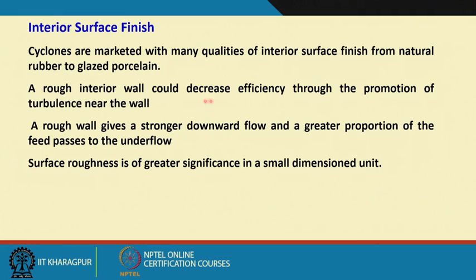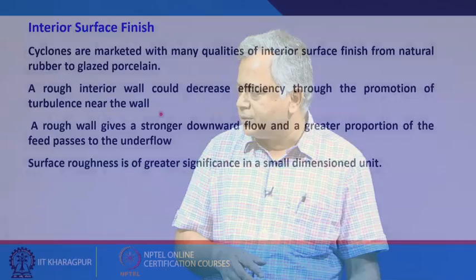Normally, mine ores are abrasive in nature, so many times natural rubber or glazed porcelains are used as an internal surface finish. Also, a rougher interior wall could decrease efficiency through the promotion of turbulence near the wall, because if I have rough surfaces, I will have much more turbulence inside my cyclone, and this turbulence will interfere with the proper separation of my particles based on their relative settling velocity differences.